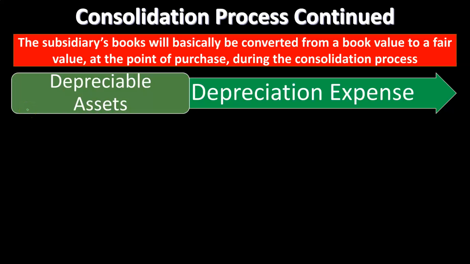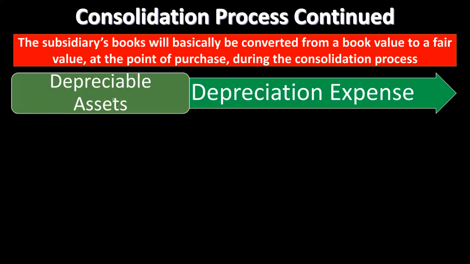But it's more complicated than just that, because if it were just land, then land wouldn't have any kind of effect on the expense accounts typically. But depreciable assets do. If the depreciable asset is now higher in value, that affects the calculation of depreciation for the life of the depreciable asset that you have now put on the books. So now you have to not only adjust the depreciable asset at the point in time that the purchase took place to the fair value, but you have to deal with the fact that the depreciation calculation will be adjusted every time into the future.